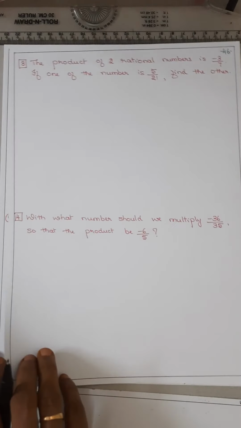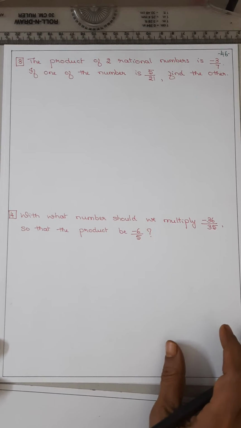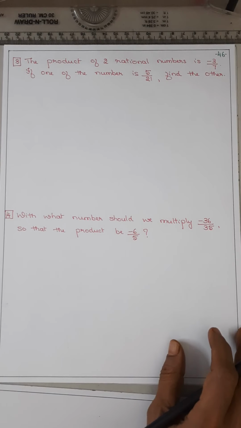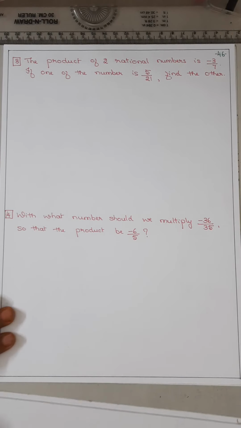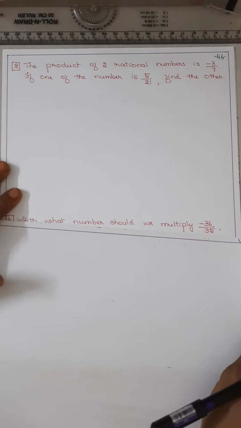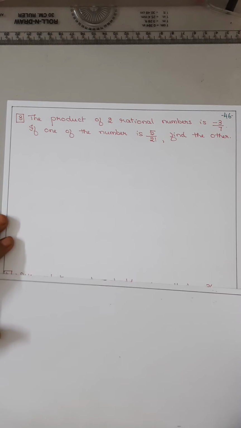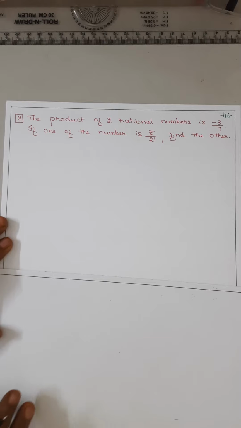Now coming to the third sum, the product of two rational numbers. The product of two rational numbers is minus 3 by 7. If one of the numbers is 5 by 21, find the other.